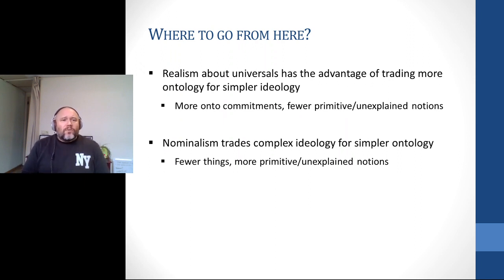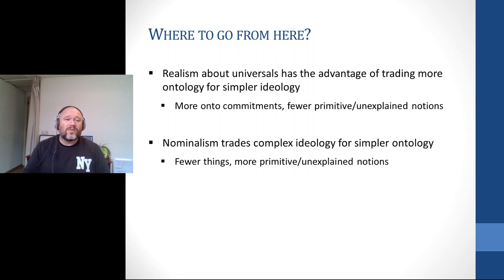So we might wonder, where do we go from here? Well, in effect, the two camps both have good things and both have bad things. Realism about universals has the advantage of trading more ontology for a simpler ideology. We have more ontological commitments, both on the quantitative and qualitative side, but we have fewer primitive or unexplained notions.